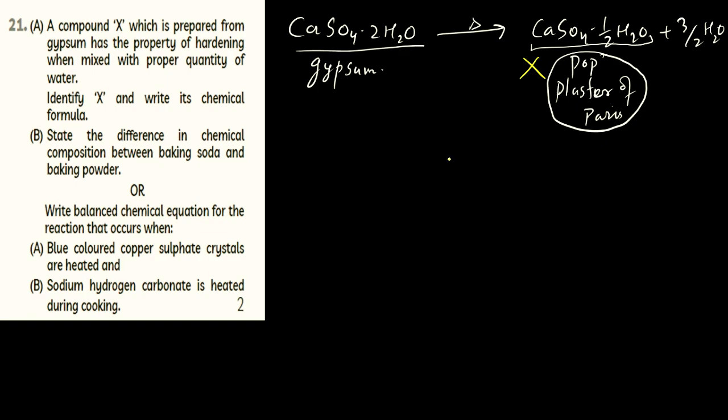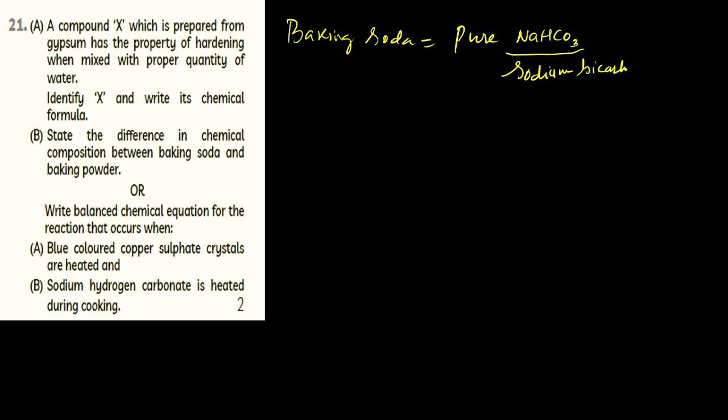State the difference in the chemical composition between baking soda and baking powder. Good question. Baking soda is pure NaHCO3, sodium hydrogen carbonate or sodium bicarbonate.